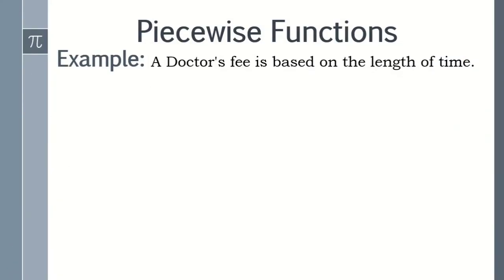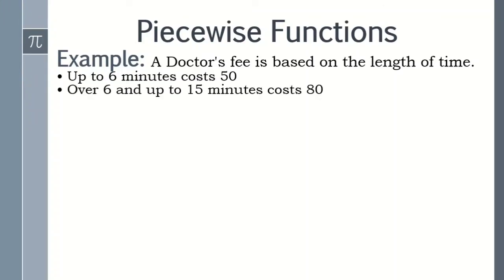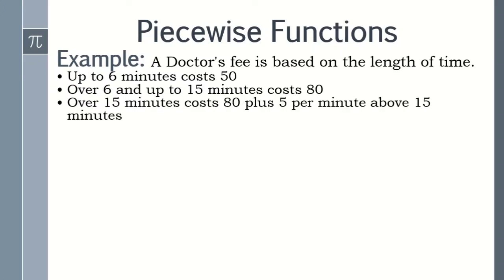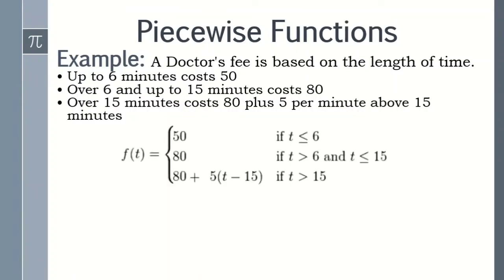So let's have the last example of piecewise functions. A doctor's fee is based on the length of time. Up to 60 minutes costs 50. Over 60 and up to 15 minutes costs 80. Over 15 minutes costs 80 plus 5 per minute above 15 minutes.